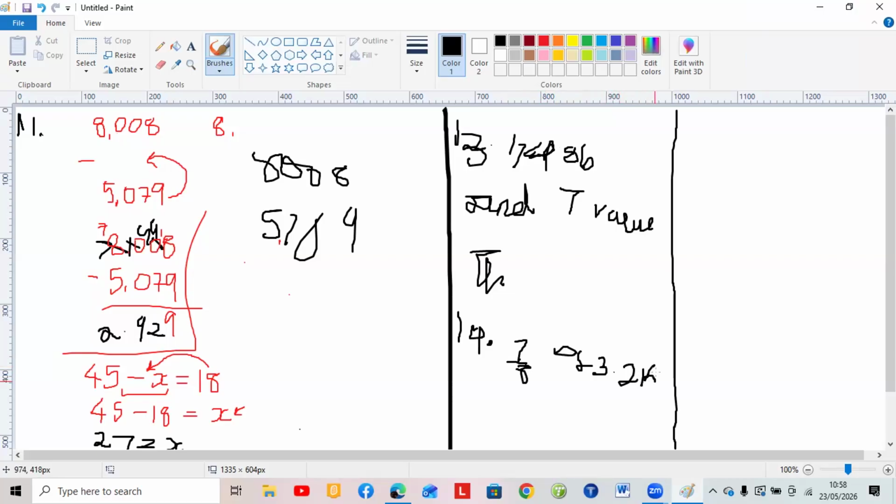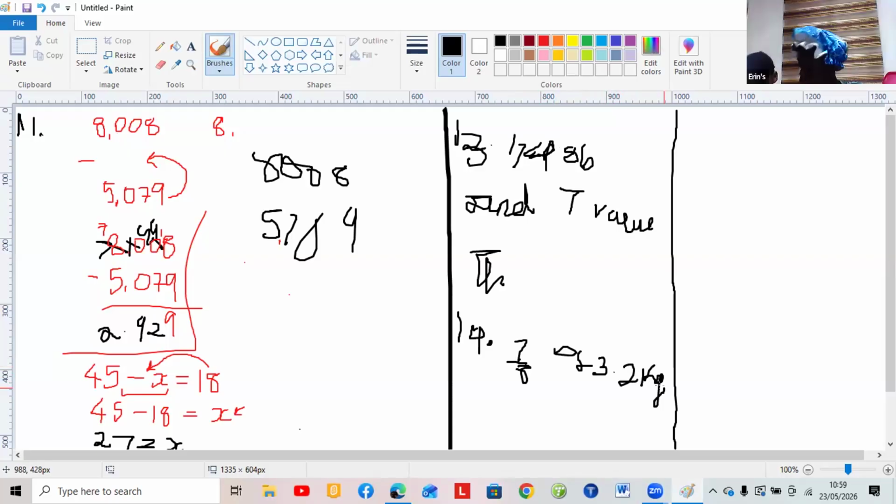All right, who can tell me how we'll do this one? A very simple way. The answers are in kg. So how will we do this? We change the "of" to times.